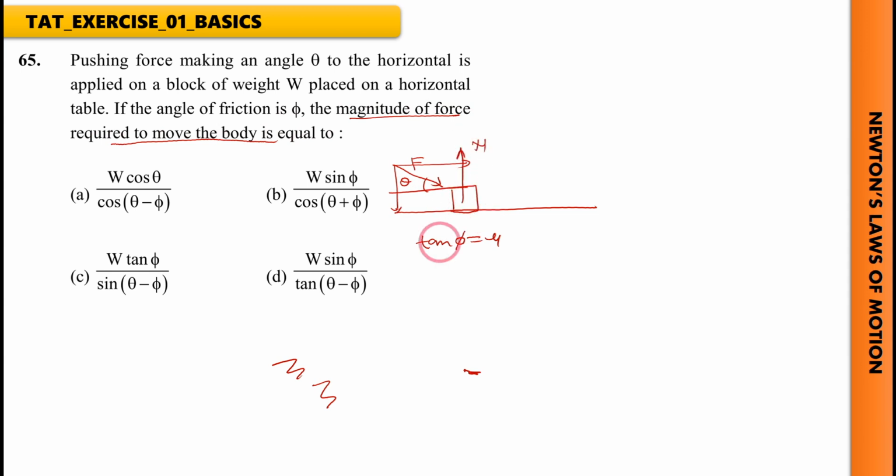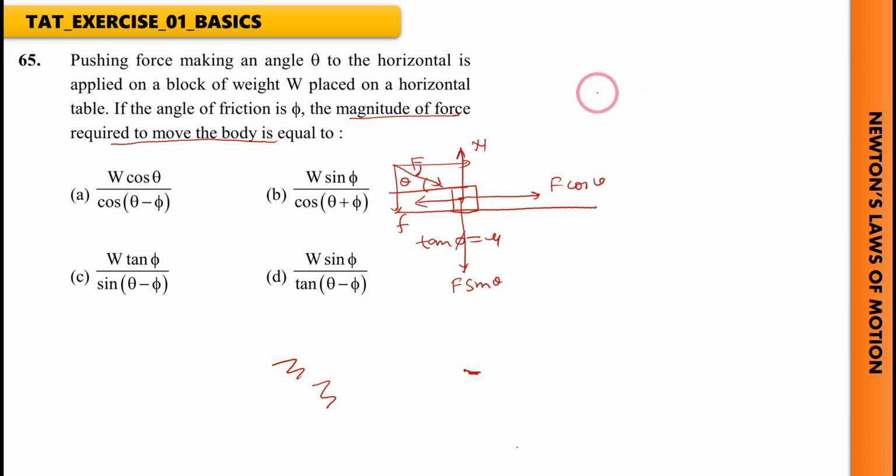N acts upward, F sin theta acts downward, and in the horizontal direction F cos theta comes, because cos theta is here. And the friction will come on the left side.